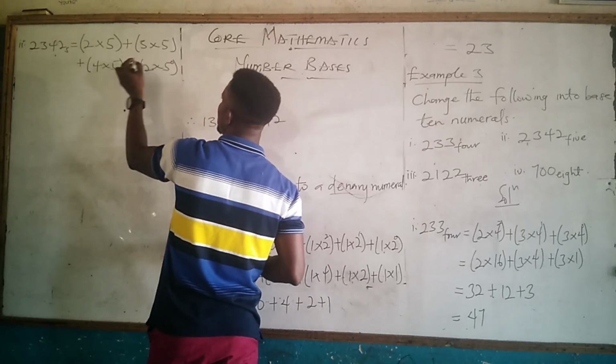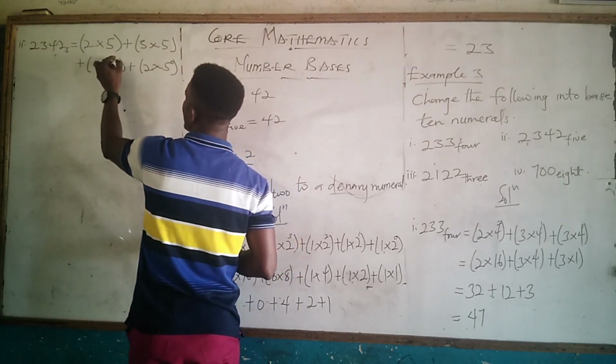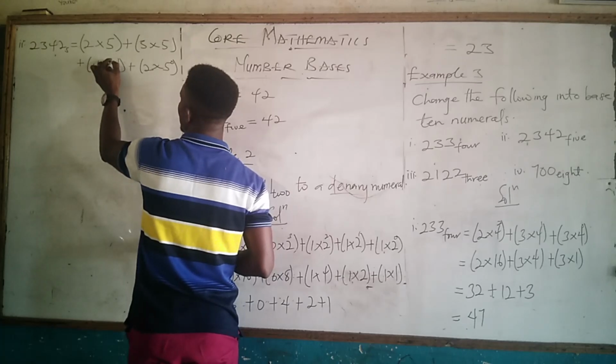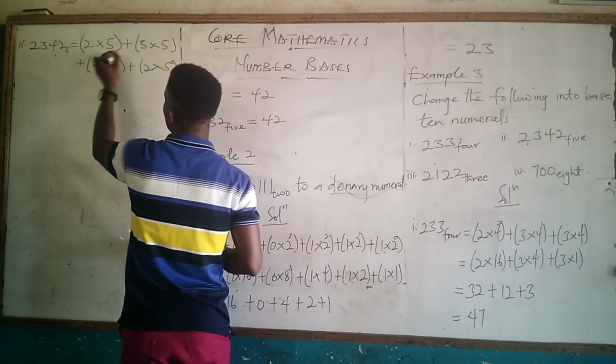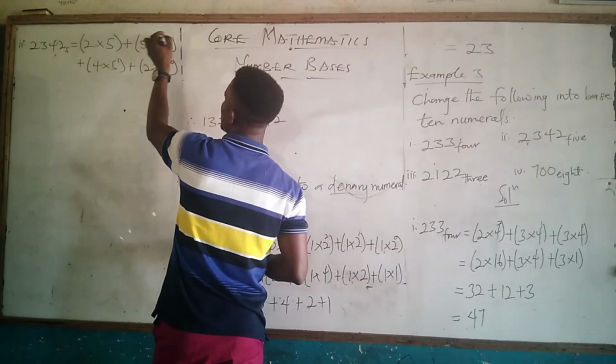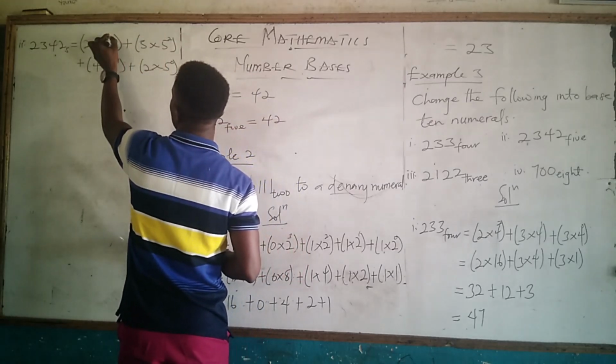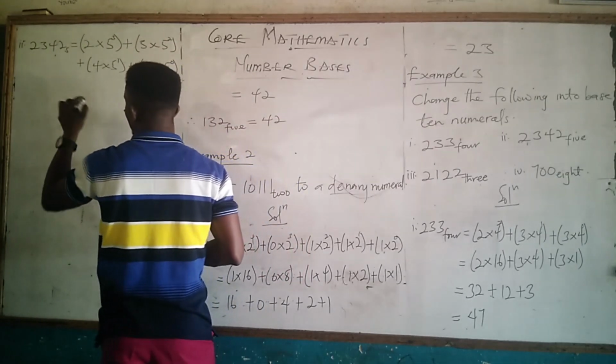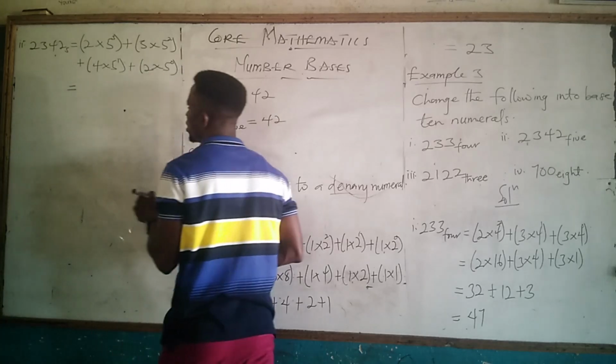So here is 0. I give this one 1, I give this one 2, and I give this one 3.